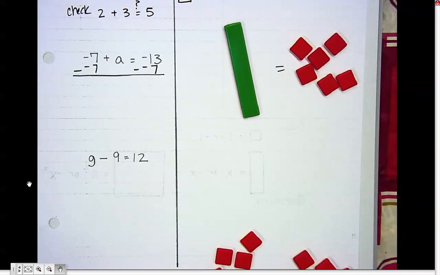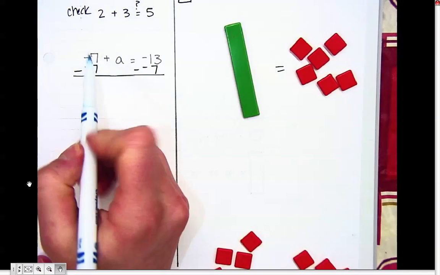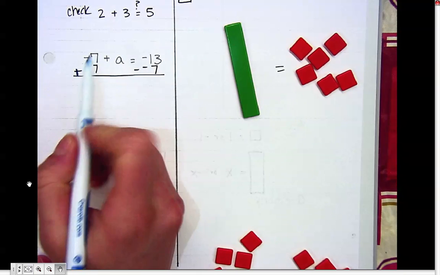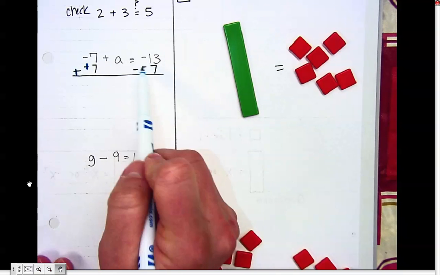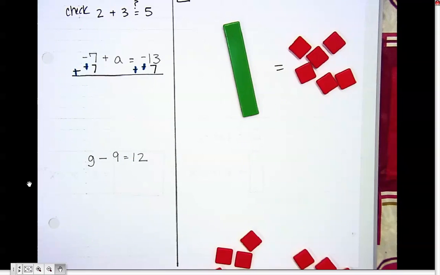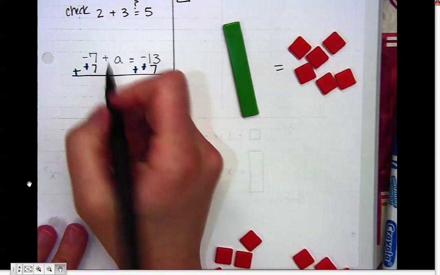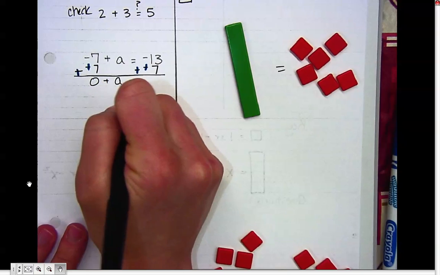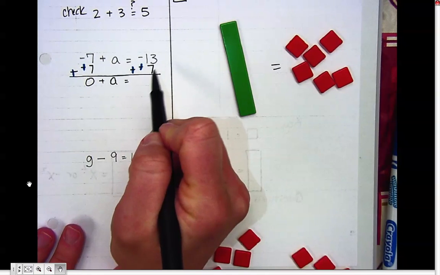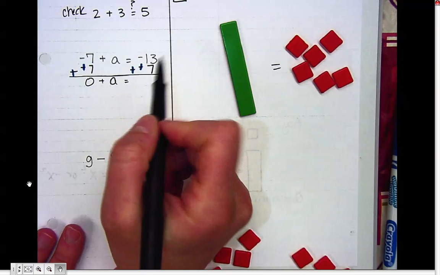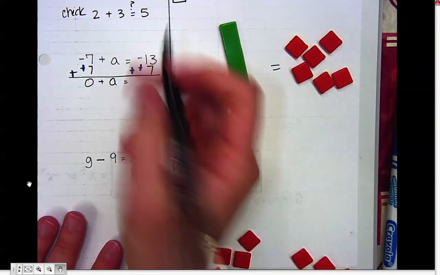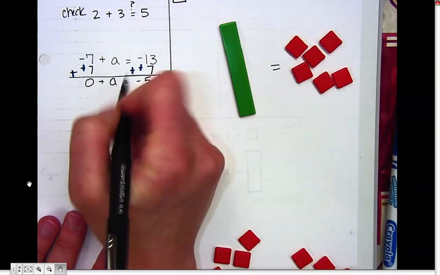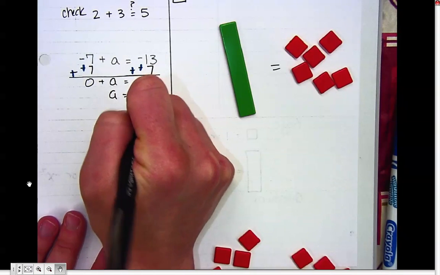Hopefully you remember the keep, change, change, where we keep the first number, change to addition, and change the sign of the second number. If we do that on one side of our problem, then we need to do that on the other side. Okay? And that's the same thing as making those 0 pairs. So I get 0 plus A equals -13 plus -7, or -13, and I'm taking out 7 negatives, however you want to understand the problem. And I get -5. So therefore, A equals -5.